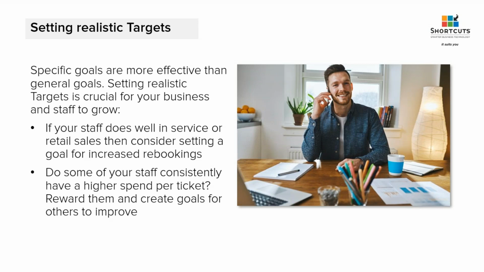You know, are they exceptional at retail? Do they focus more on high ticket services? Things like that. So to help get your staff caught up and to also reward the employees that are constantly performing above and beyond, you can set targets for multiple reasons across multiple key performance indicators.